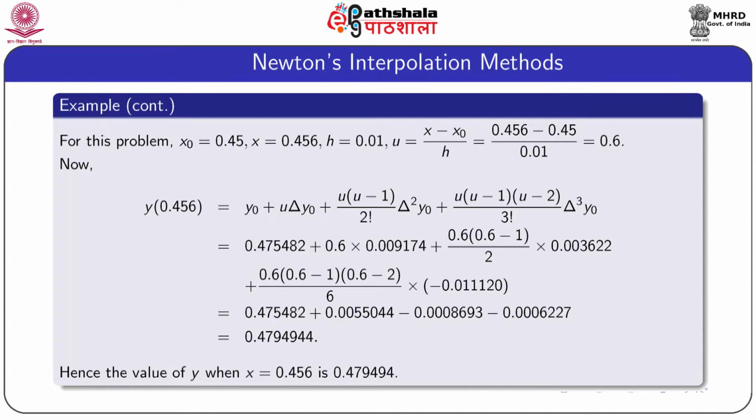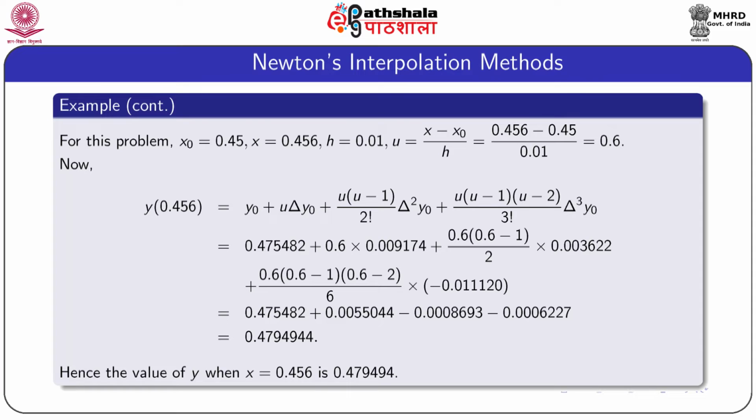So, with this value and the differences mentioned in the earlier slide, the value of y at the point 0.456 is equal to y0 plus u delta y0 plus u into u minus 1 by factorial 2 into delta 2 y0 plus u into u minus 1 into u minus 2 by factorial 3 into delta 3 y0.